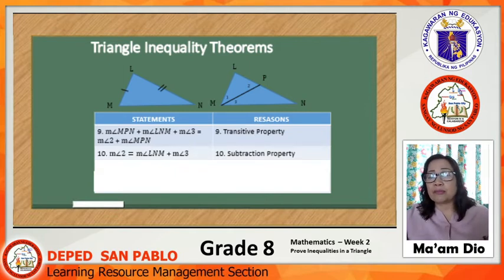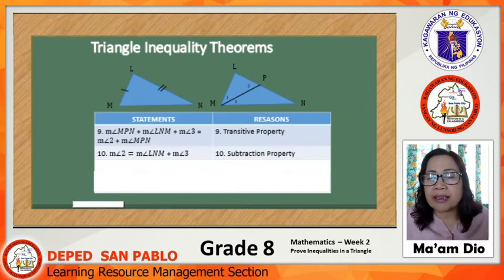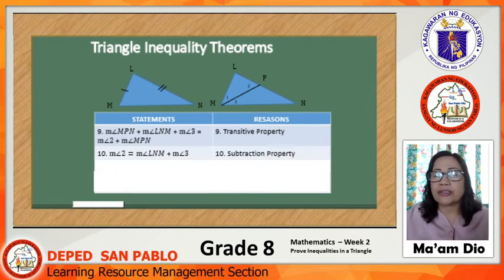So when you subtract the measure of angle MPN from both sides of the equation, then it cancels out. Then you come up with only the equation, the measure of angle 2 is equal to the measure of angle LNM plus the measure of angle 3. Again, that property is the subtraction property of equality.